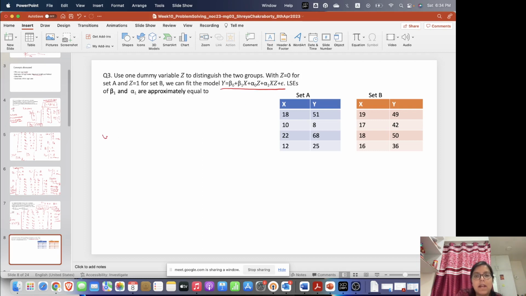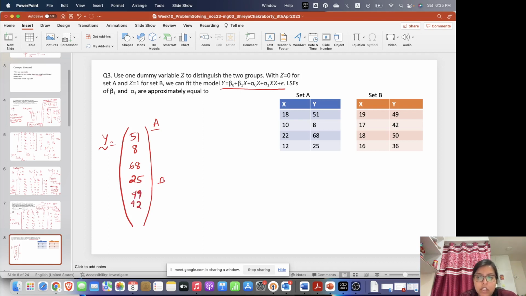So now my y would be, I have to combine. So this will be 51, 8, 68, 25. So I am writing the A group at first, and then I am going to write the B group. Similarly, we should write our X matrix also. So this one, then we would have 49, 42, 50, 36.